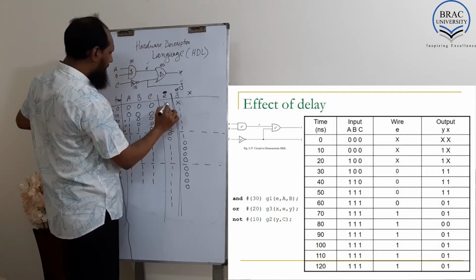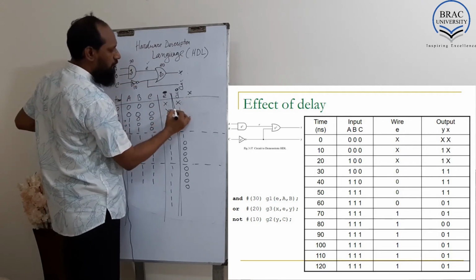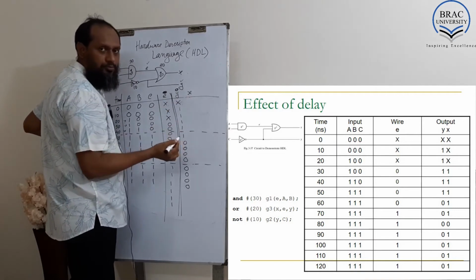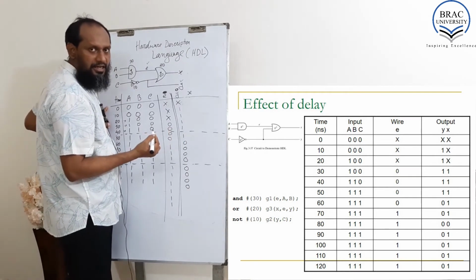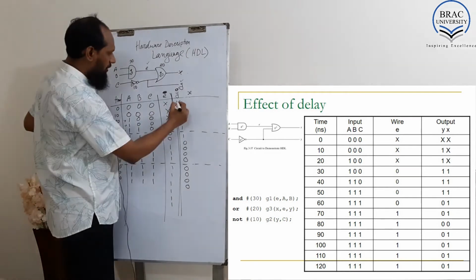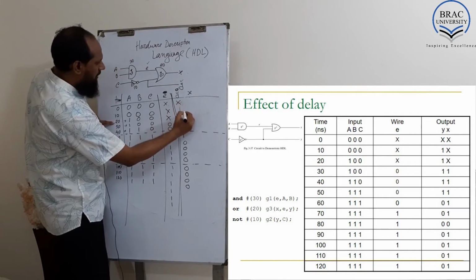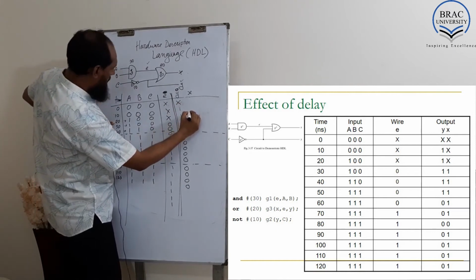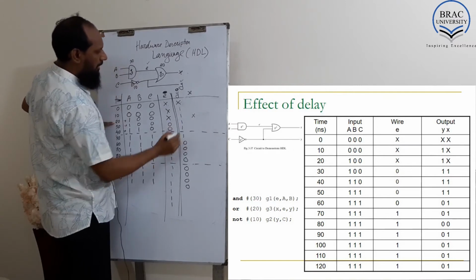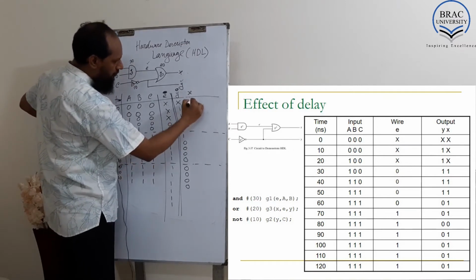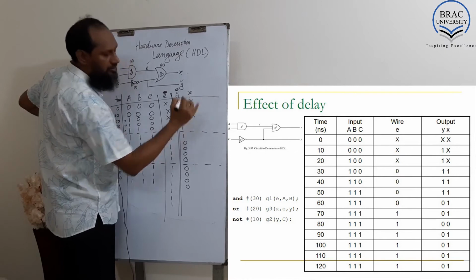At time 0, it was don't know. So, we will get the output as don't know after how many nanoseconds? 20 nanosecond. So, on 20 nanosecond, we will get the output as don't know. And the previous two, of course, should be don't know and don't know.